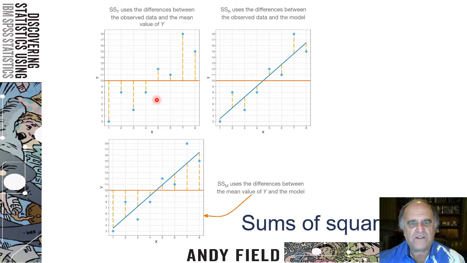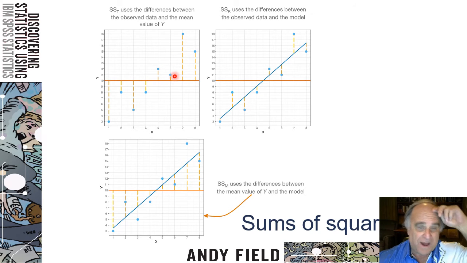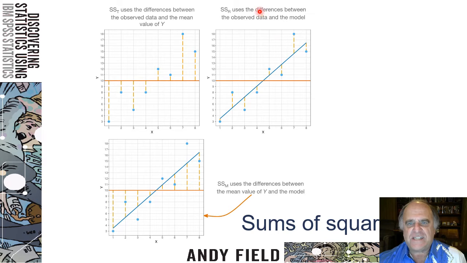There's sum of squares total, which uses the differences between the observed data and the mean value of y. There's sum of squares R, he calls it, which uses the difference between the observed data and the model. So here's the model, here's the observed data. SSR would be these differences.